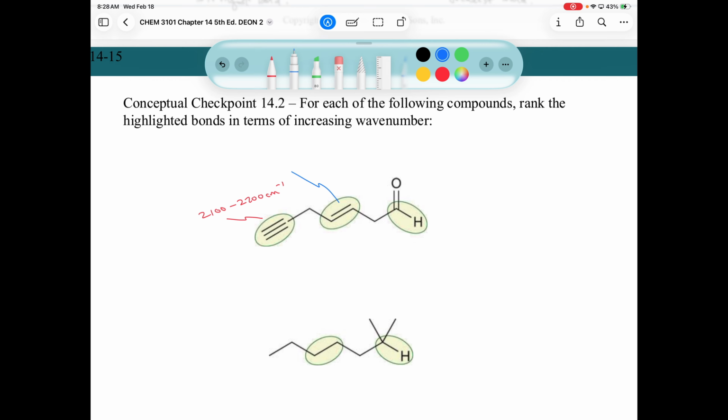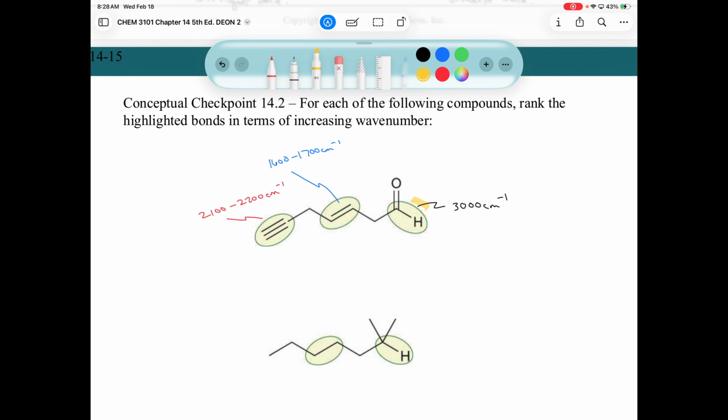A double bond is going to be somewhere between 1,600 and 1,700 reciprocal centimeters. And as you saw from the previous slide, a carbon-hydrogen stretch is way higher than any of those, right? I'll put here greater than 3,000. We'll just put around 3,000 reciprocal centimeters.